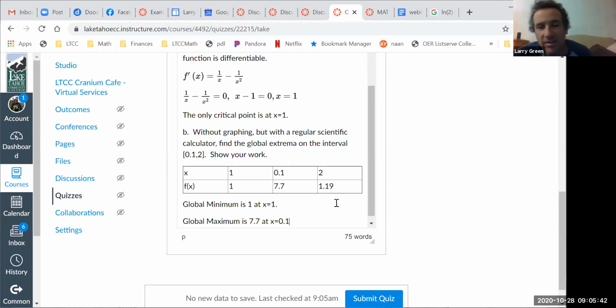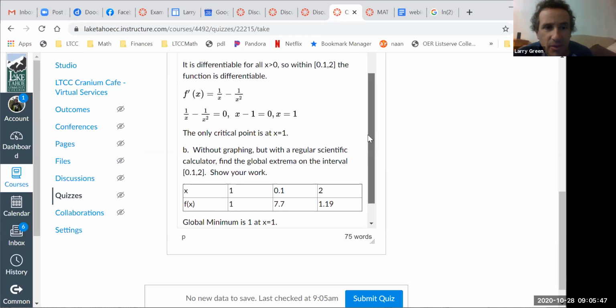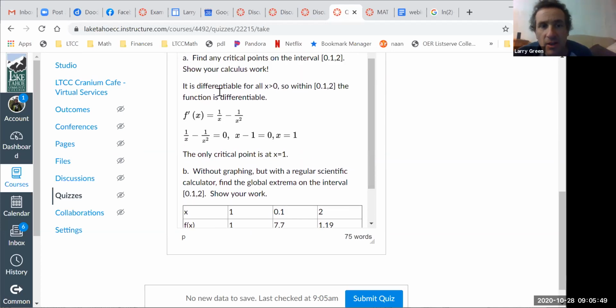Let me just remind you the steps again. Step 1 is to look to see where there might be any issues with differentiability. And if it's not differentiable, then that's a possibility. Step 2 is to find the derivative. Step 3 is to set the derivative equals 0 and solve.